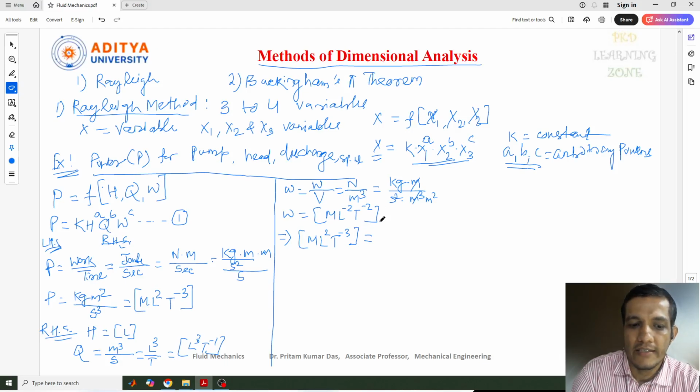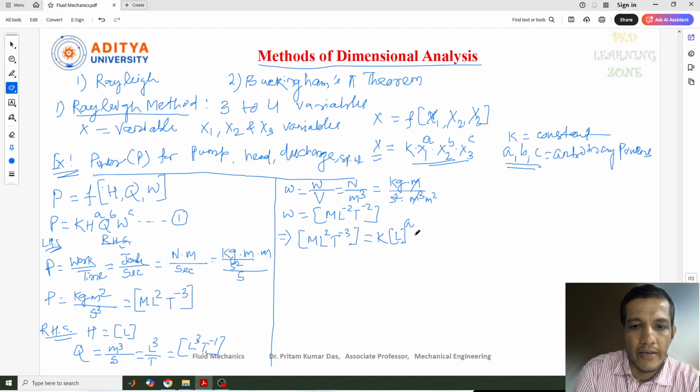We can write k as a non-dimensional number. We can write M^0 L^0 T^0, or else we can omit that and directly write the value k only. And the first one, h to the power a, so here we can write k L to the power a.